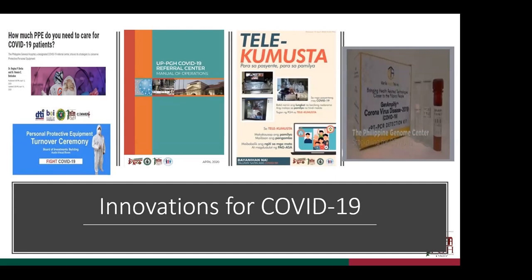One of our scientists at the National Institutes of Health has been instrumental in putting together a test kit that actually is being used now to facilitate testing for COVID-19. So that's a very remarkable contribution to the national efforts to control COVID-19. There are many other innovations that are coming up.